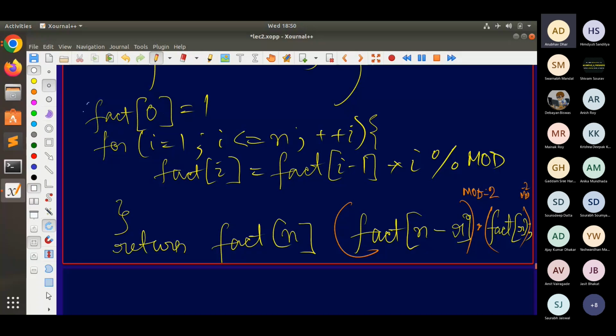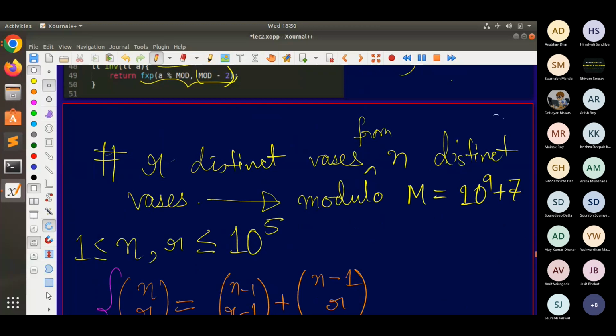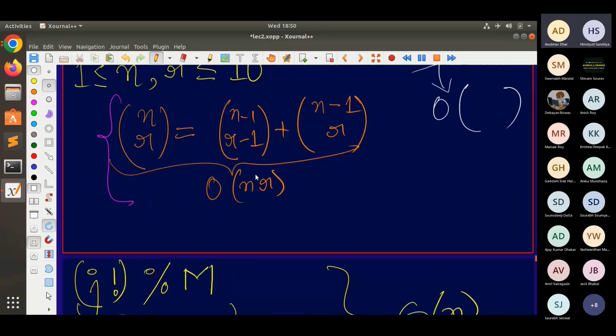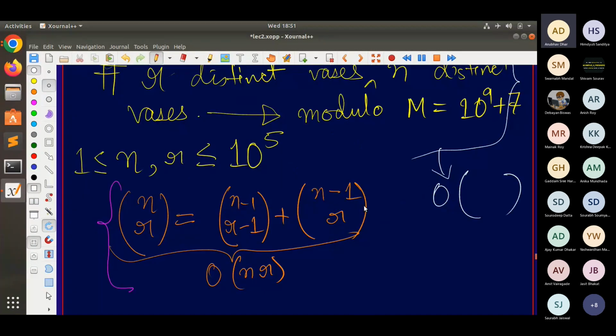What is the complexity of the entire thing right now to solve this problem? N log mod. O of n log mod. I think you can write it this way: O of n plus log mod.